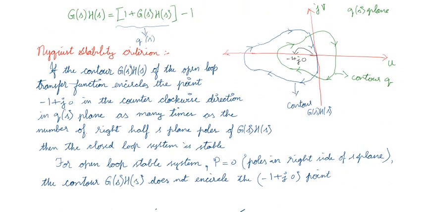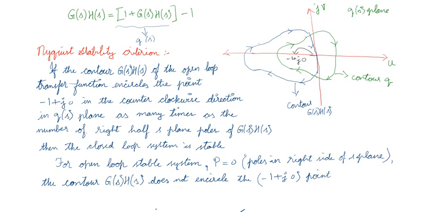Okay, until now we discussed the concept of Q(S), right? So if I know Q(S) and subtract 1, that will become my G(S)H(S). So by indirectly studying 1 plus GH, we can relate GH with 1 plus GH.